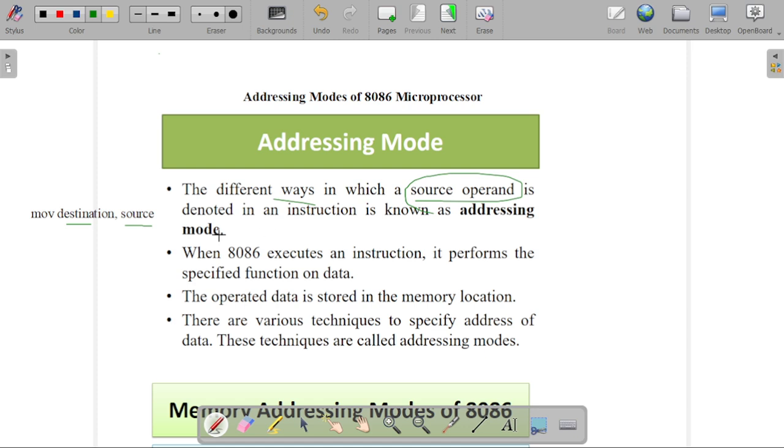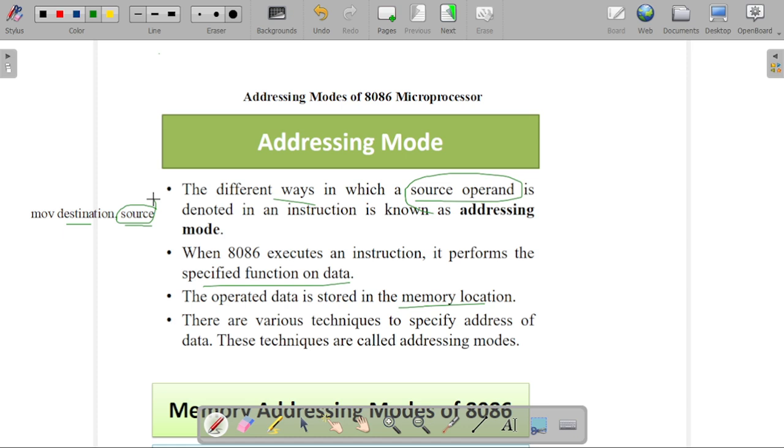Whenever the 8086 executes that particular instruction, it performs the specific function on your data, and the operated data will be stored in your memory location. There are various techniques available to specify the address of that particular data, and that technique is called addressing mode. So whenever I write move destination comma source, with the help of this source we can represent the type of addressing mode.